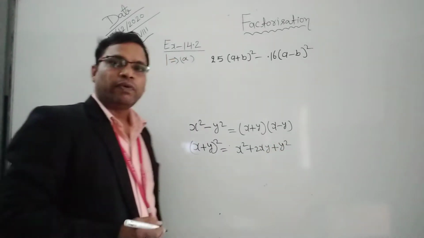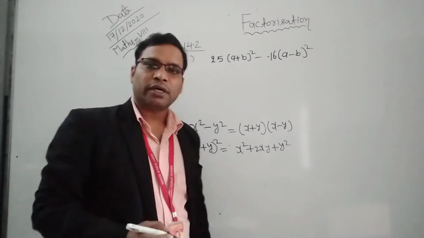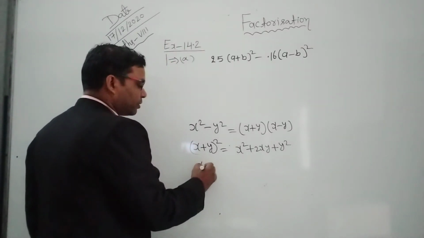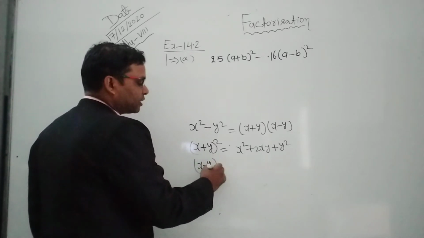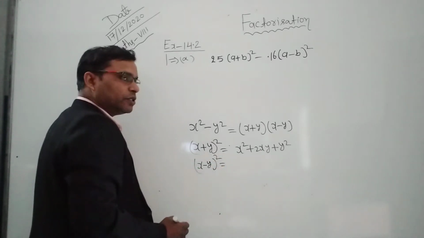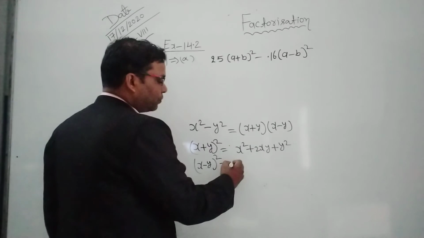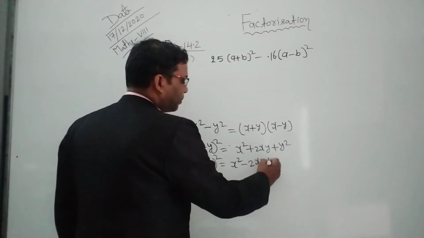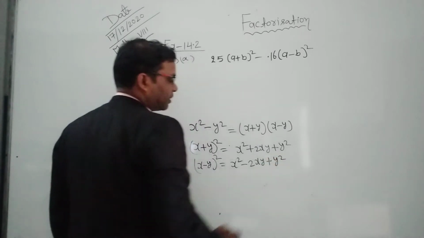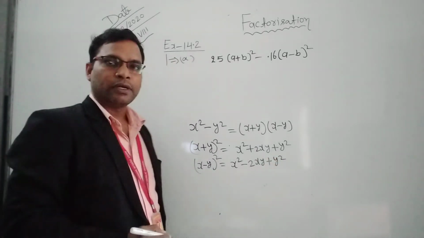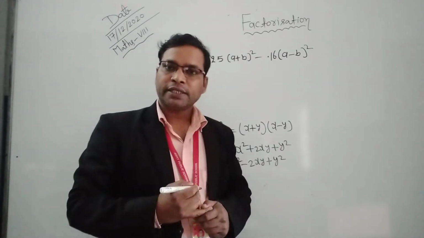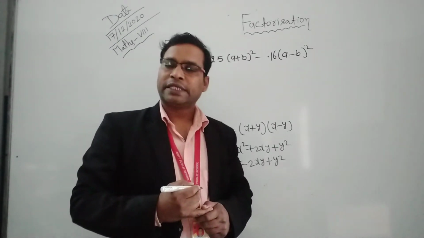Now, what is the second identity? Second identity is whole square of x minus y. So this is equal to x square minus 2xy plus y square. This is clear? So students, I hope all of you know the first identity, third identity and second identity.